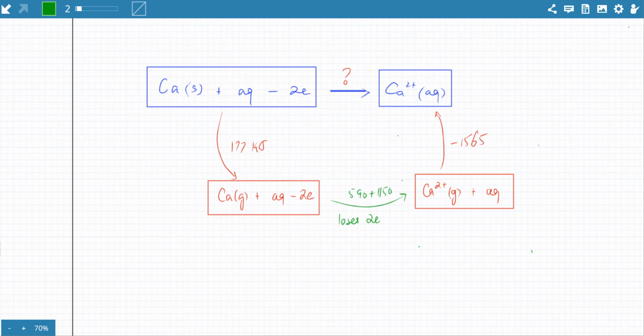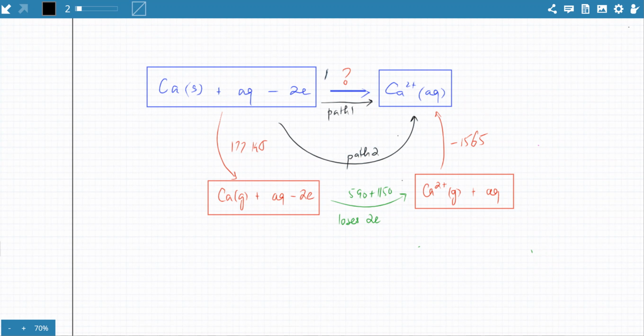So what was Hess's law? Hess's law was that if you want to figure out this path, let's call that path number one, then the enthalpy change of this other path is going to be exactly the same. Both paths are going to be equal.